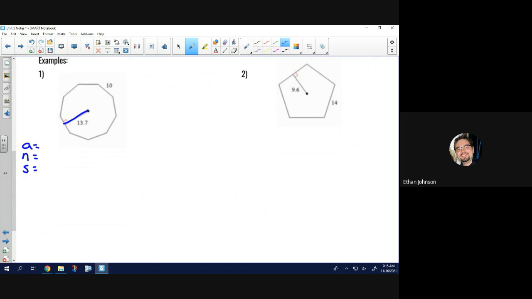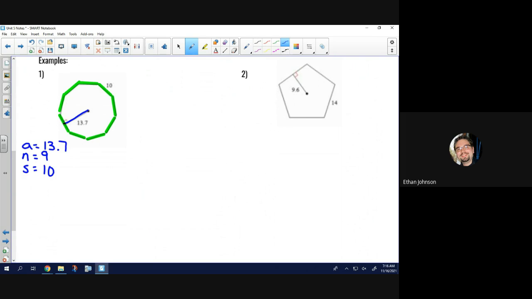So in this case, it's 13.7. N is number of sides. Well, the shape has 1, 2, 3, 4, 5, 6, 7, 8, 9 sides. So my N is 9. And my S, my side length, well, I see one side is 10.